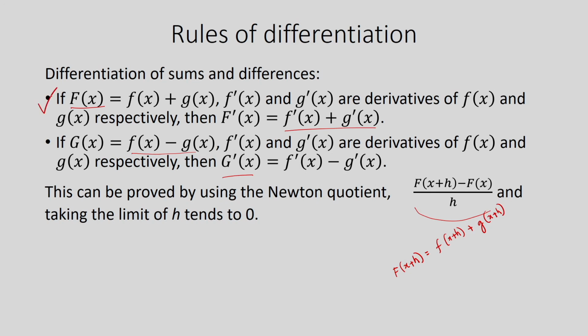And similarly, f of small x is small f of x plus g of x. And then we substitute these things back here, and that will give us this result by simplifying the expression. Similarly, for the second result.